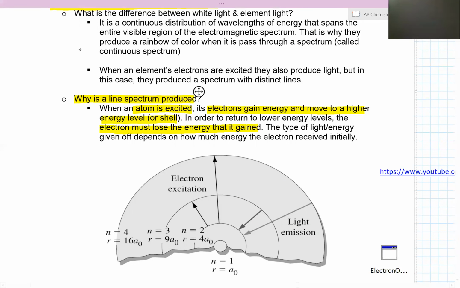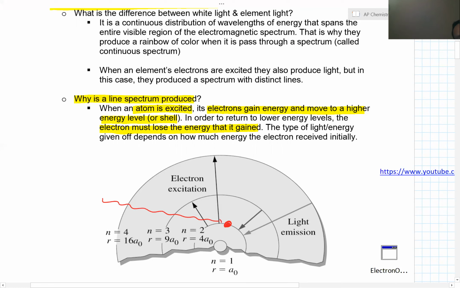So if we were to have an electron here, let's say at a lower level, this is where it is stable. It likes to be in an orbit closest to the nucleus. Now, when it gains energy, the electron can be kicked off into here, a higher level, or even here, a higher level.